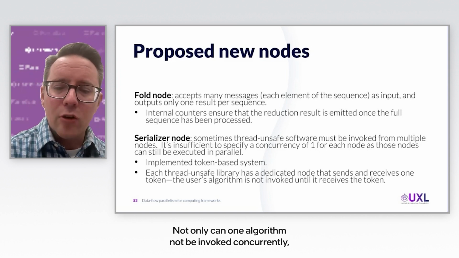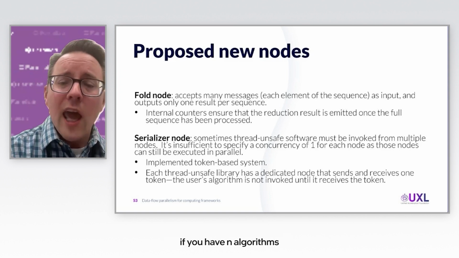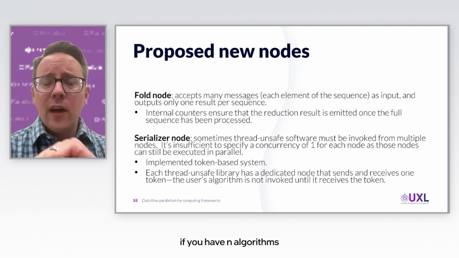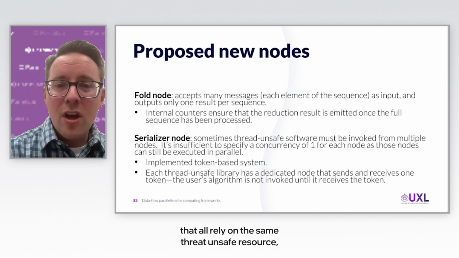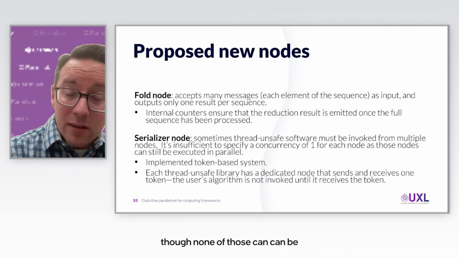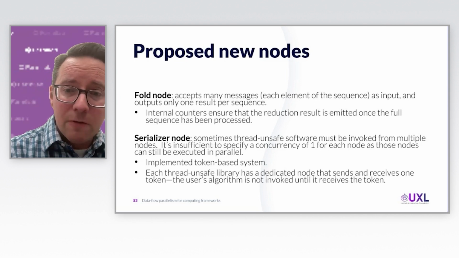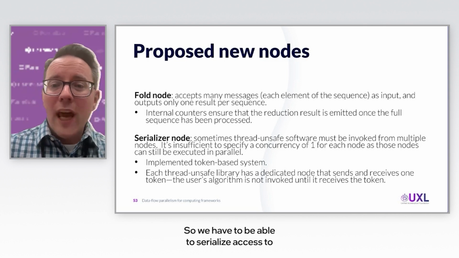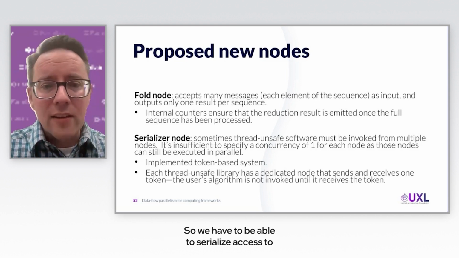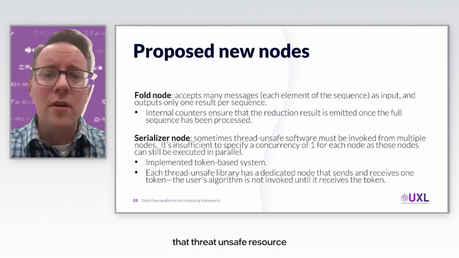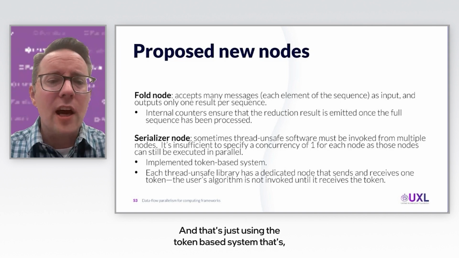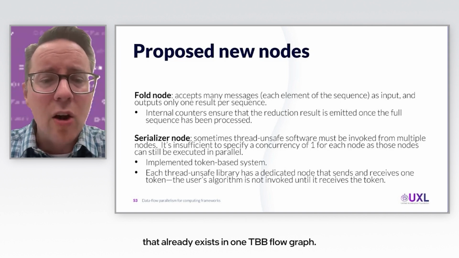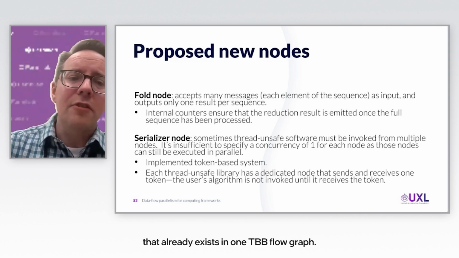Not only can one algorithm not be invoked concurrently, if you have n algorithms that all rely on the same thread unsafe resource, none of those can be invoked concurrently. So we have to be able to serialize access to that thread unsafe resource through something called the serializer node. And that's just using the token-based system that already exists in oneTBB flow graph.